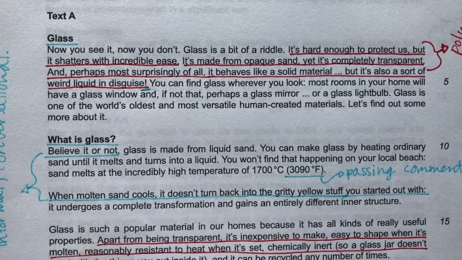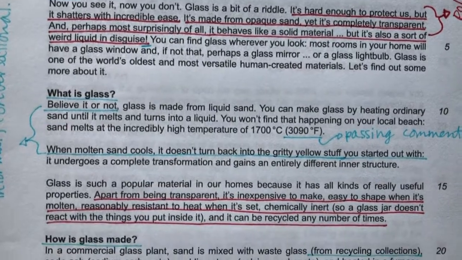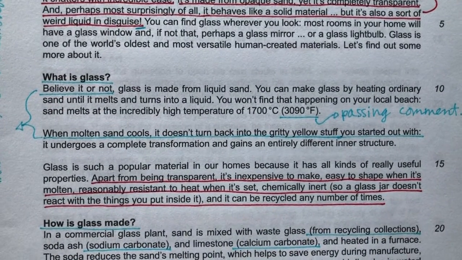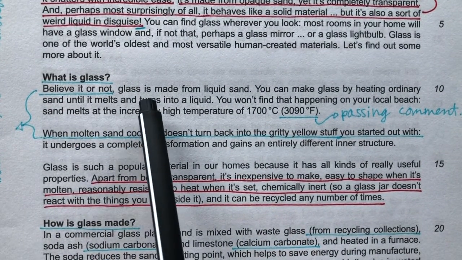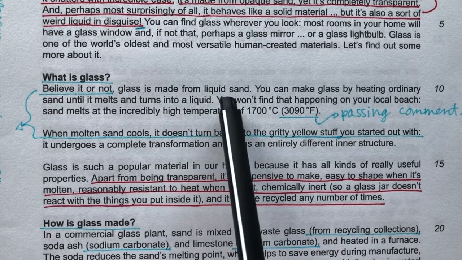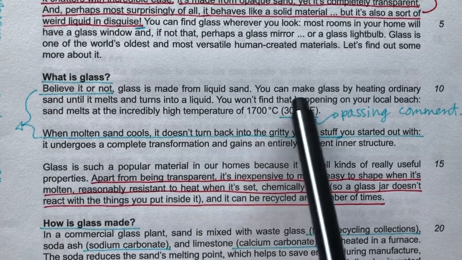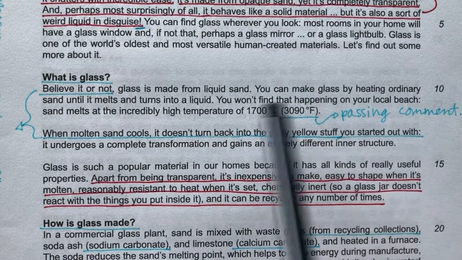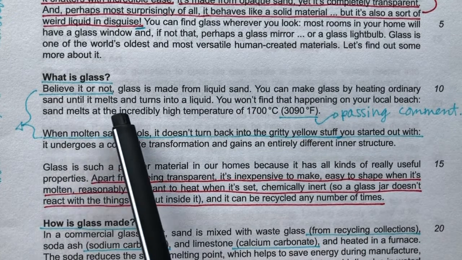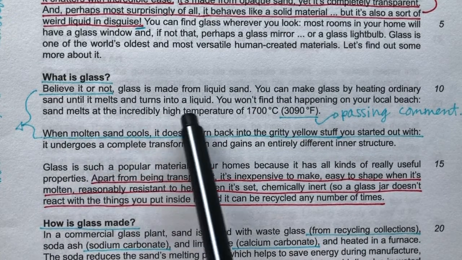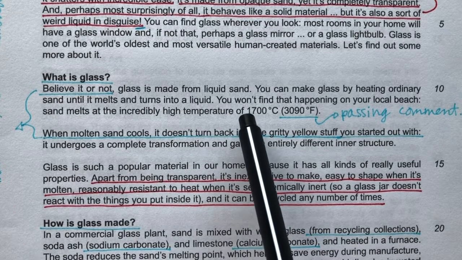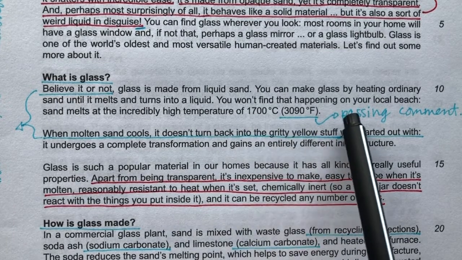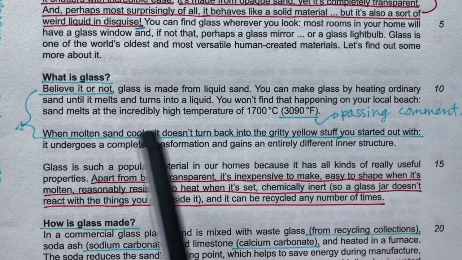What is glass? Believe it or not, glass is made from liquid sand. You can make glass by heating ordinary sand until it melts and turns into a liquid. You won't find that happening on your local beach.